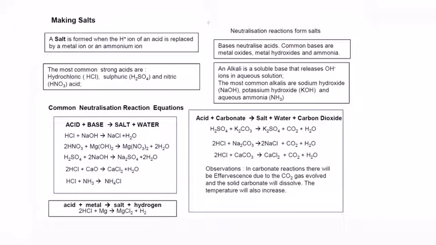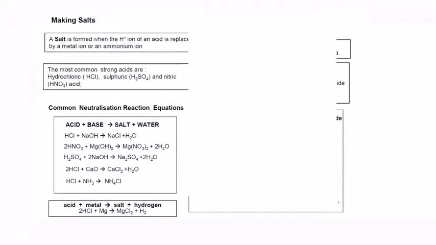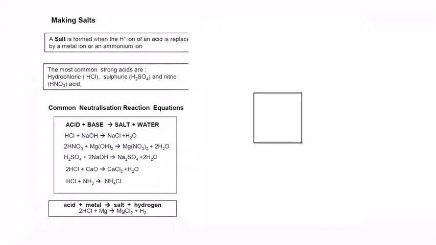So the second method we can use to prepare a salt is acid plus metal or acid plus metal carbonate. Both techniques use the same concept. We'll have a container, for example a beaker, filled with acid.